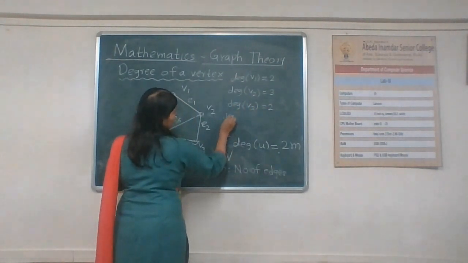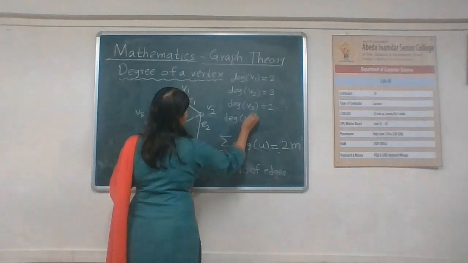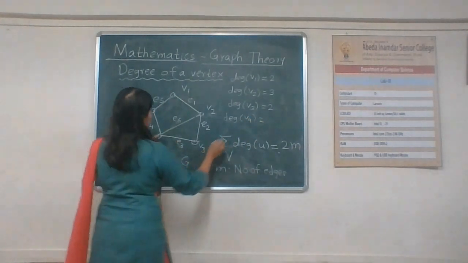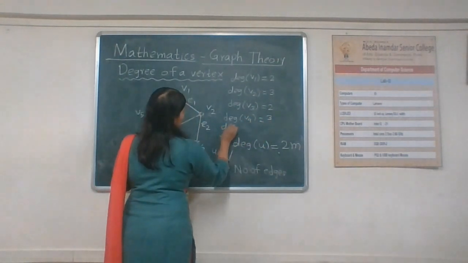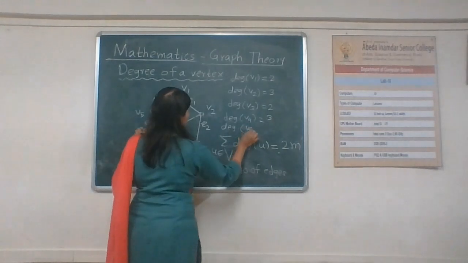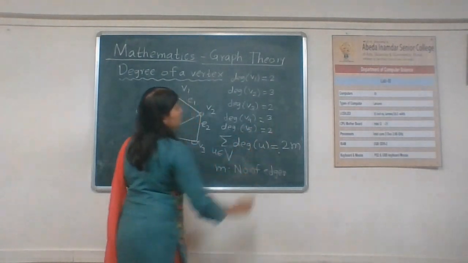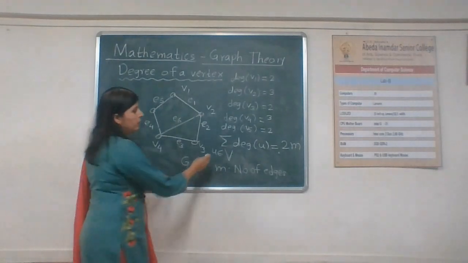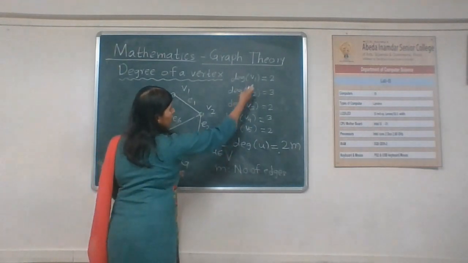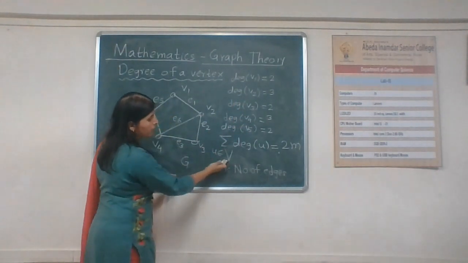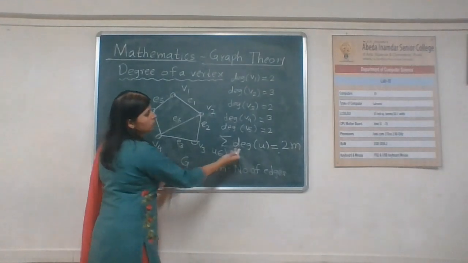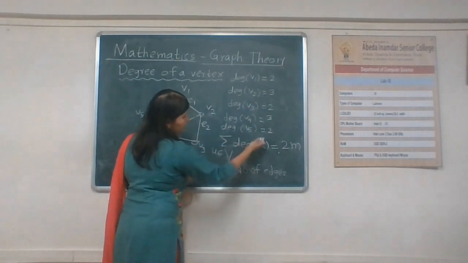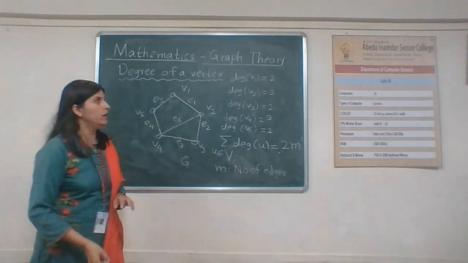2. Degree of V4 is equal to 3. And degree of V5 is equal to 2. Now see, what is summation degree of u, where u is taken from V? Here V1, V2, V3, V4, V5 are members of vertex set V. So we have to take the addition of all the degrees of these vertices.